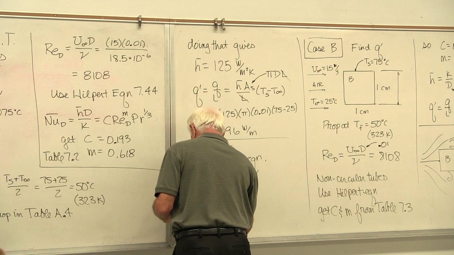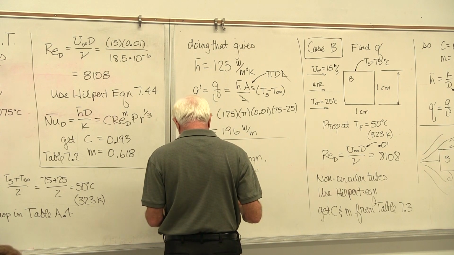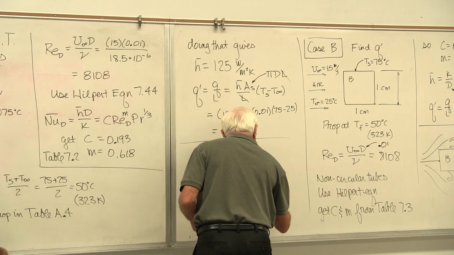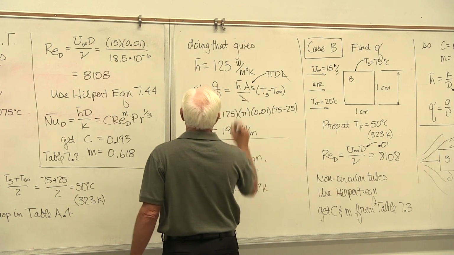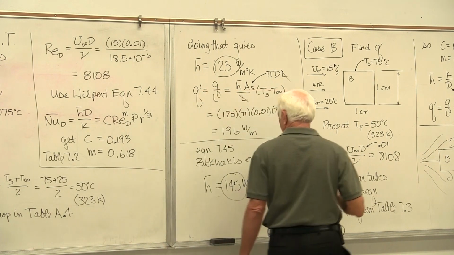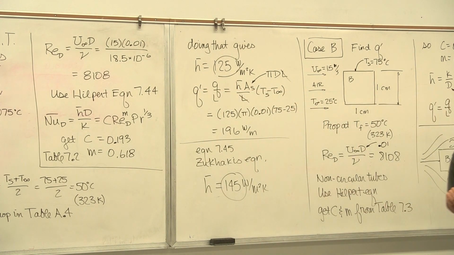You would get an h bar of 145. They're off by 15 to 20%. Yeah, I know, because one's 1933 instrumentation and one's 1972 instrumentation. I expect them to be different.